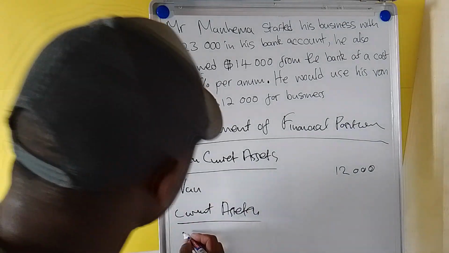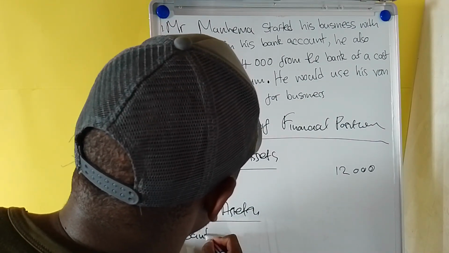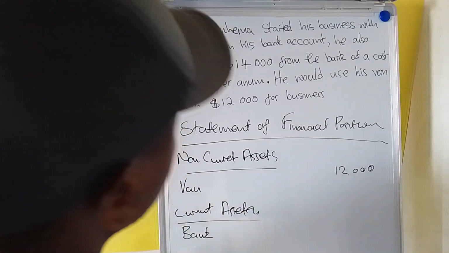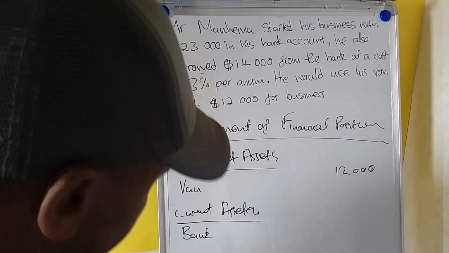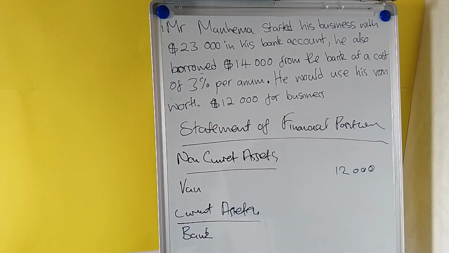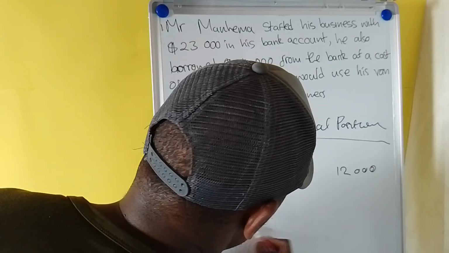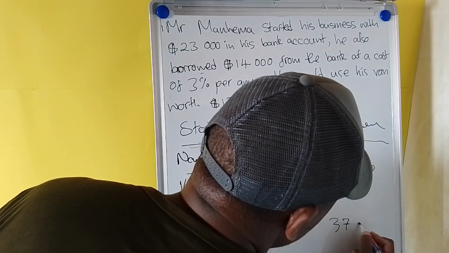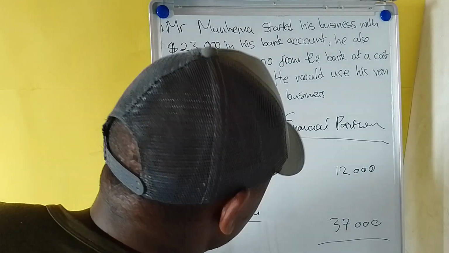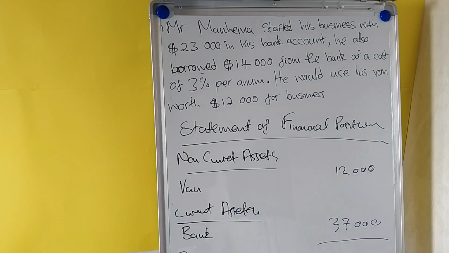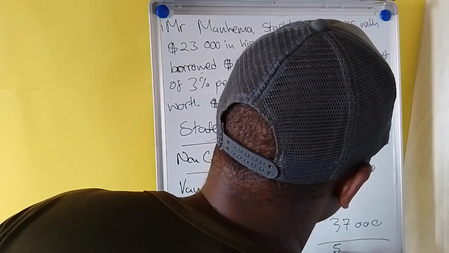So now the bank has 23,000 plus 14,000, which will give us 37,000. So now the total assets will be 37,000 plus 12,000, which will be 59,000.